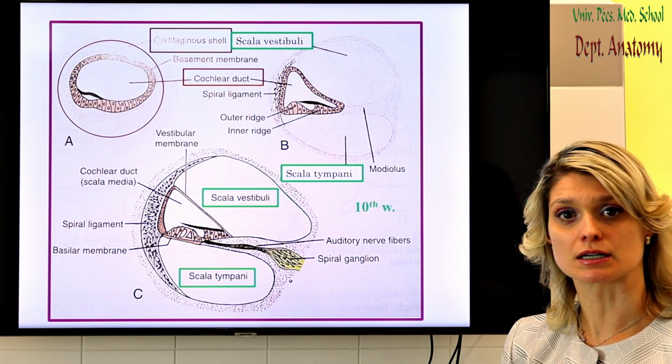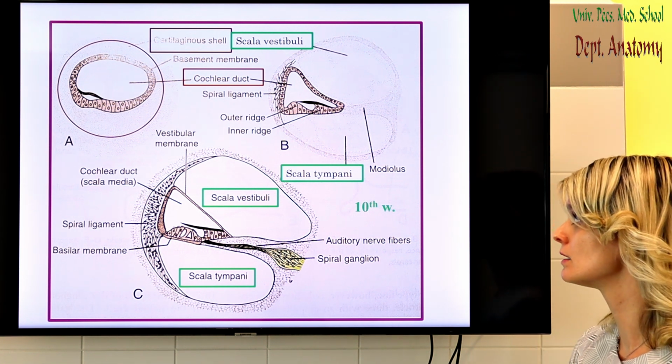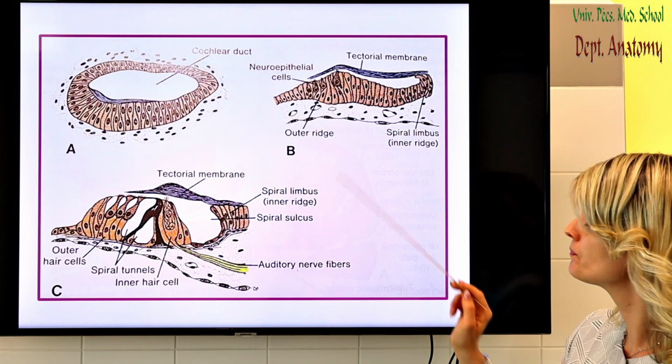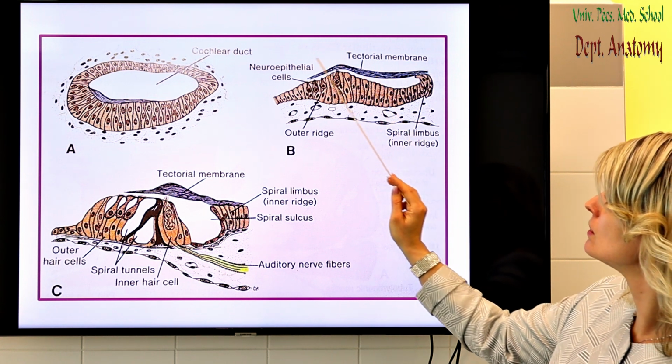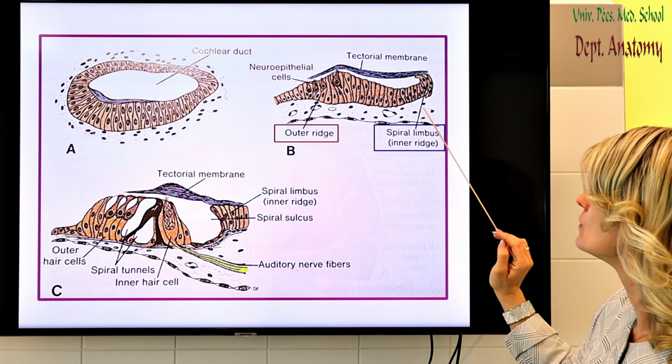First the cells of the cochlear duct will be similar, but after they will differentiate and form an outer ridge and an inner ridge.